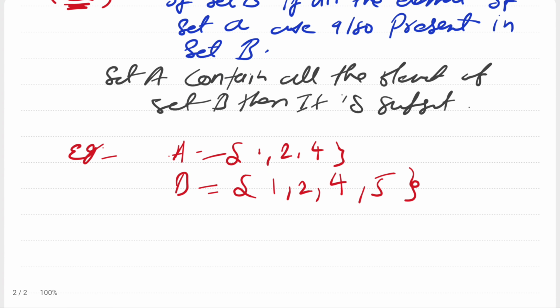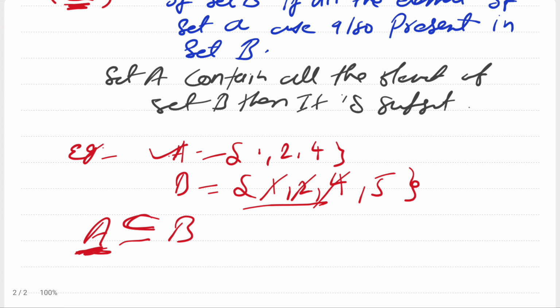If I ask you, is A a subset of B? Whatever element is present in A is also present in B, then A is a subset. Here 1, 2 and 4 are in both, so A is a subset of B, because whatever elements are present in A are also present in B.